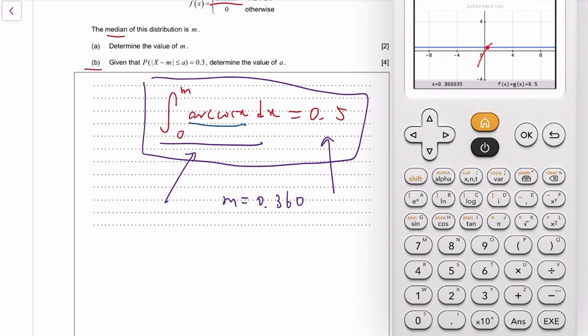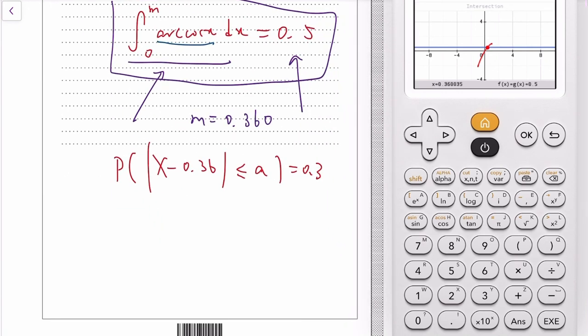For part B, we want the probability that the absolute value of x minus m, where m is 0.36, is less than or equal to a. They told us that probability is 0.3. So we solve the inequality first.